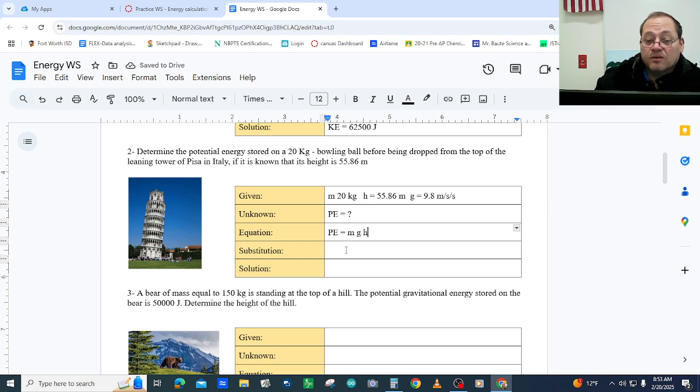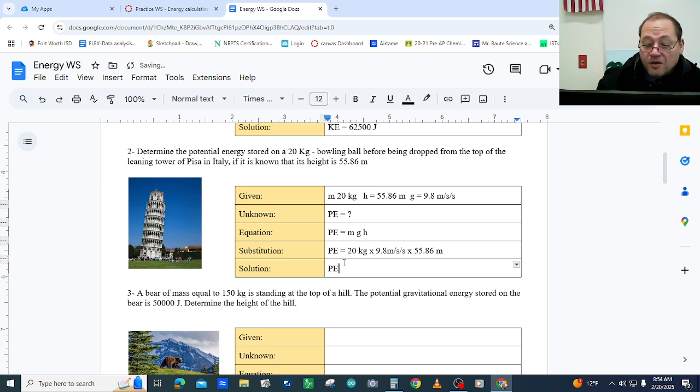So all we need to do in substitution, right, is plug in the numbers. 20 kilograms times 9.8 meters per second squared times 55.86 meters. Alright.